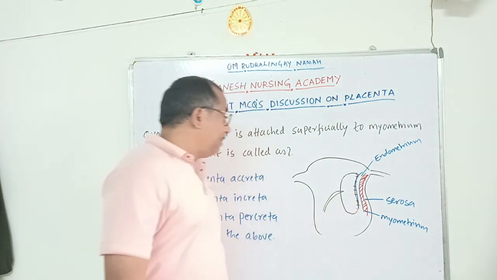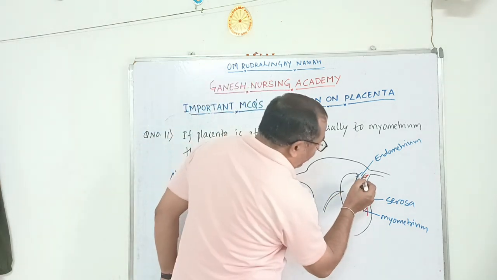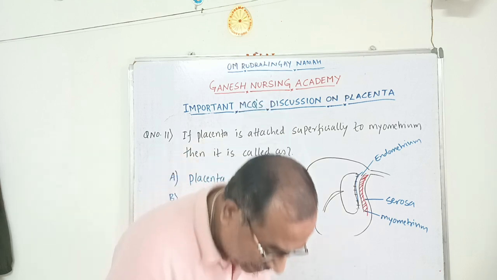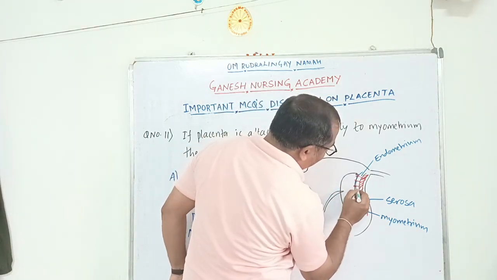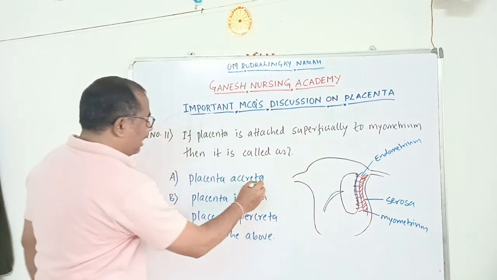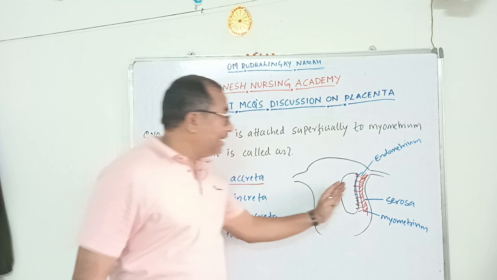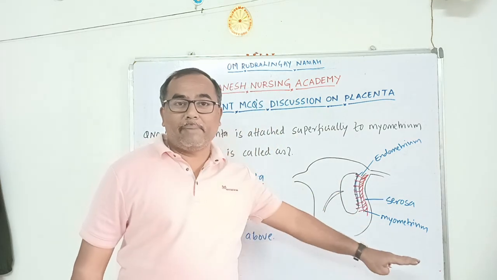So when the placenta attaches to the superficial layer of the myometrium, it is called placenta accreta. Actually it should not attach to the myometrium.